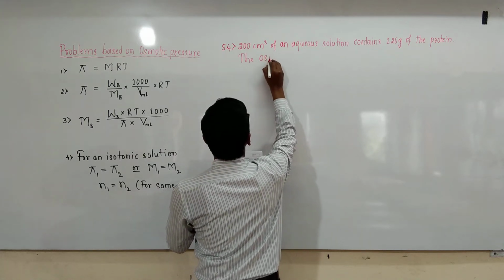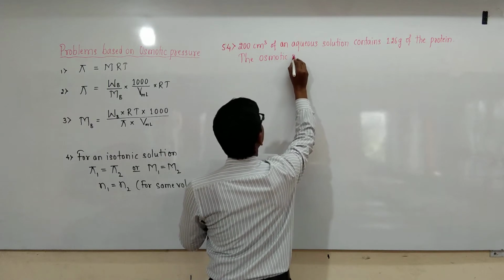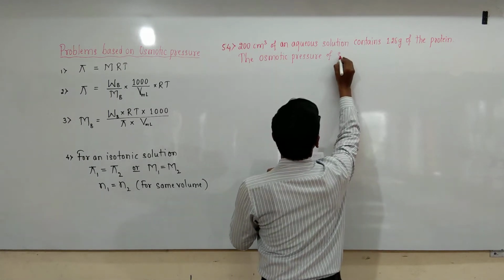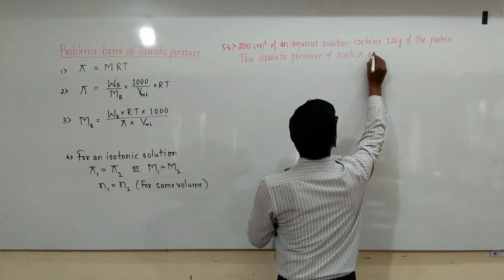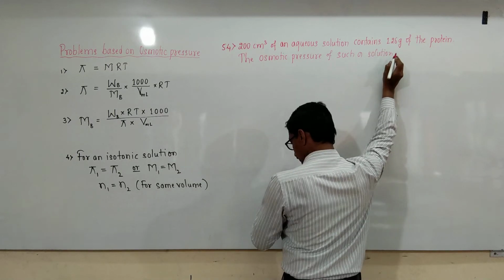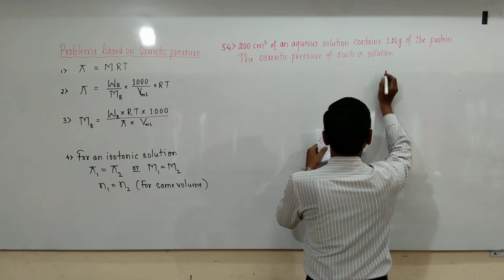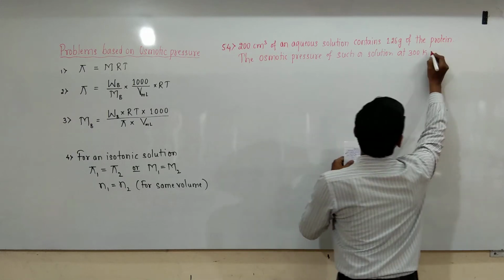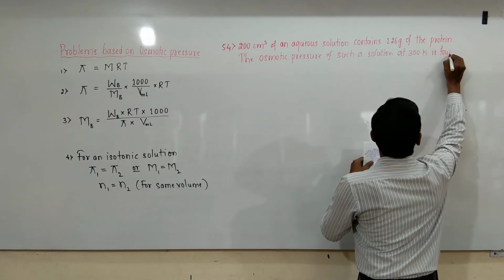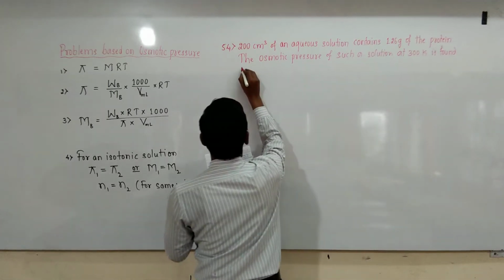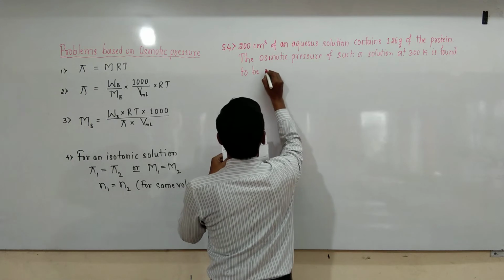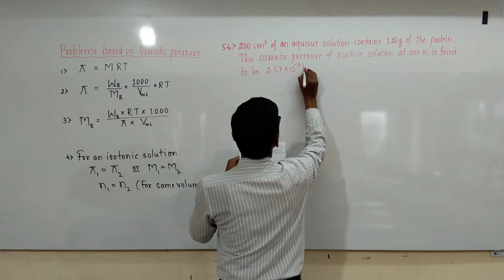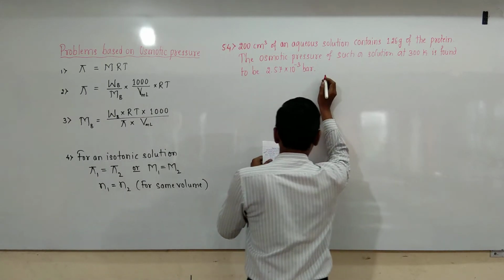The osmotic pressure of such a solution at 300 Kelvin is found to be 2.57 into 10 raised to minus 3 bar. Calculate the molar mass of the protein.